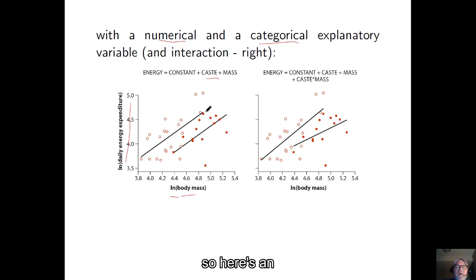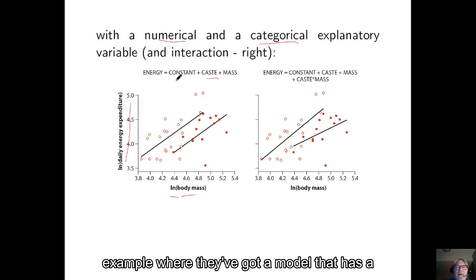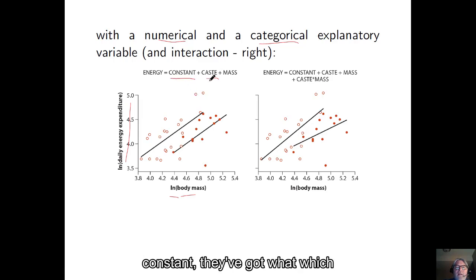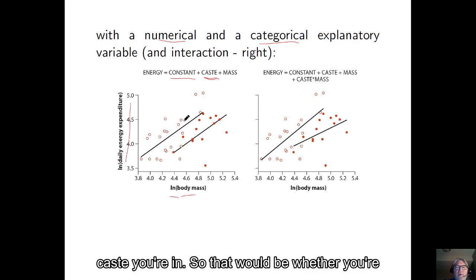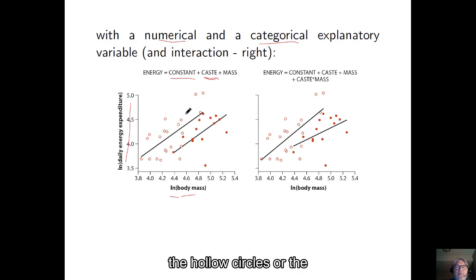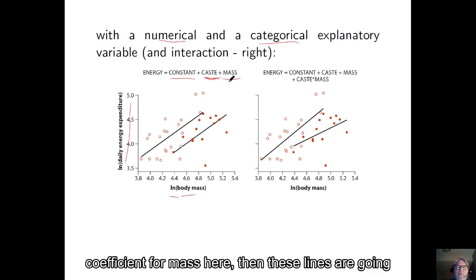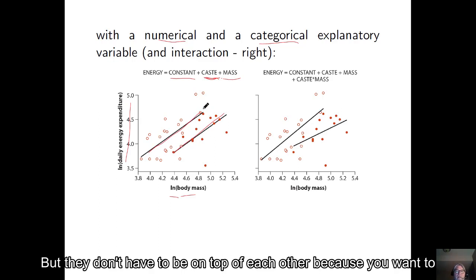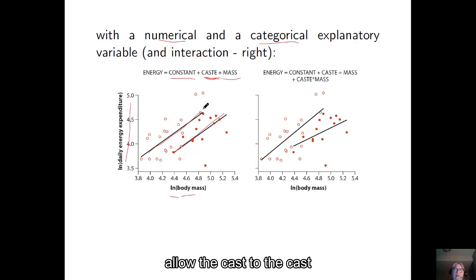And so here's an example where they've got a model that has a constant. They've got which cast you're in, so that would be whether you're the hollow circles or the filled in circles, and then you've got a mass effect. Mass is numerical, cast is categorical, and so if you're forcing only one coefficient for mass here, then these lines are going to be parallel to each other, but they don't have to be on top of each other because you want to allow the cast.